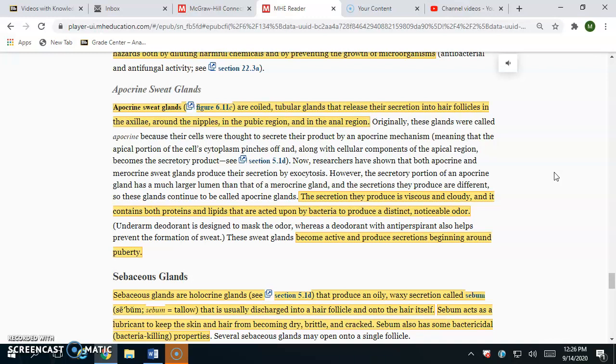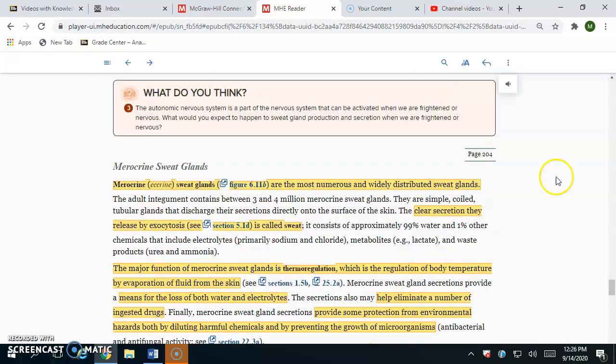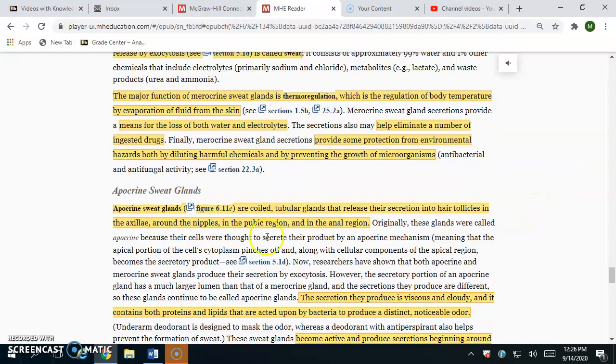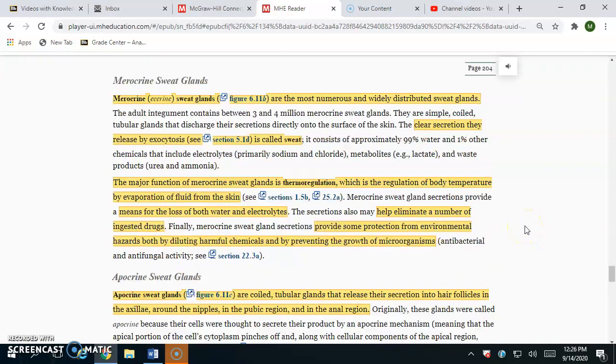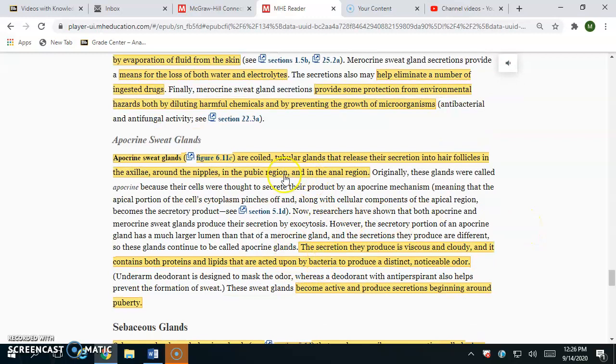All right, so those are our sweat glands. So you should understand the major role and functions of the merocrine sweat glands and the apocrine sweat glands. And I guess with the apocrine sweat glands, I didn't really tell you about a role or a function. I think they don't exactly know, but they do have a scent to them, so they think they have more of a role as a pheromone.